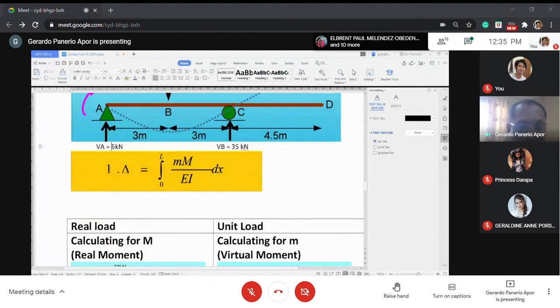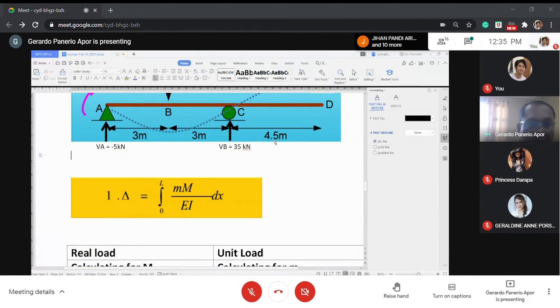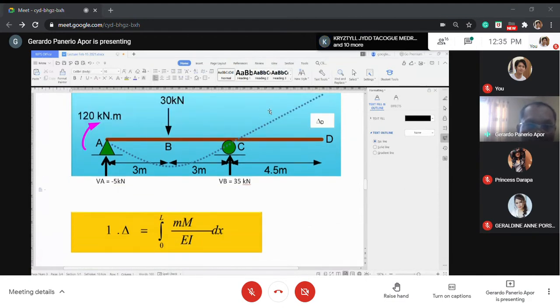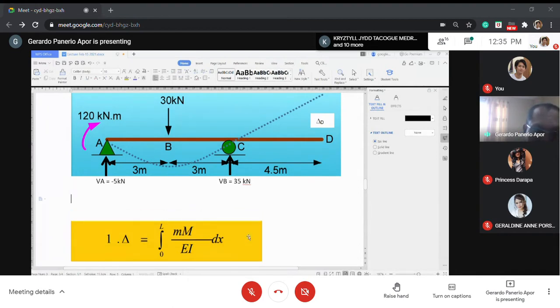To explain the negative, consider the whole structure and sum up moment at A. Summation of moment at A equal to 0. Now this one is a subscript, so you should use the summation symbol.